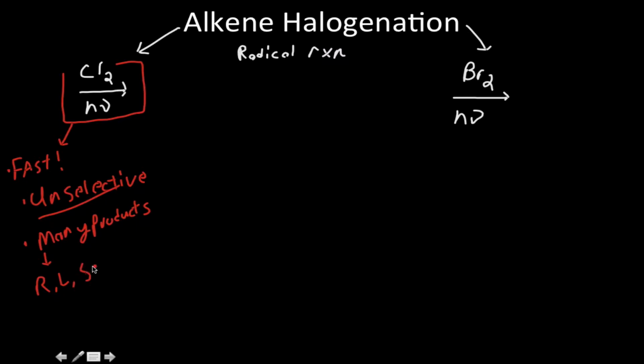Okay, so in this reaction, the rate limiting step will be exothermic, and I'll switch colors to indicate that. It is exothermic. So moving on down there, you're going to get a mixture of products.